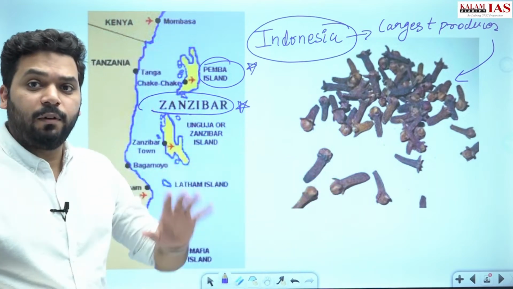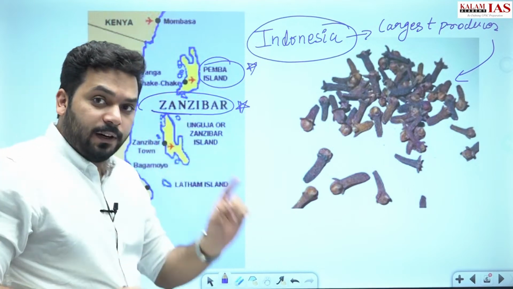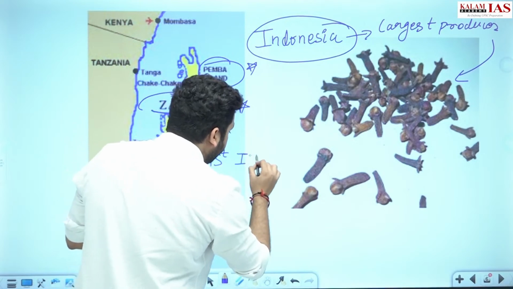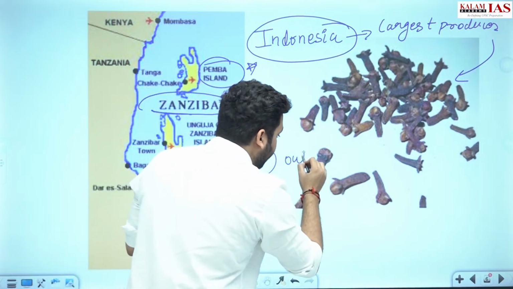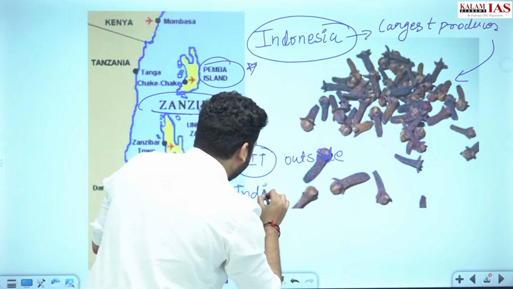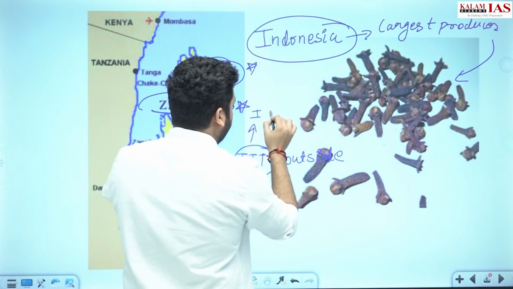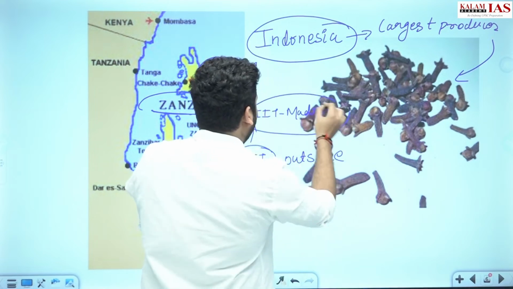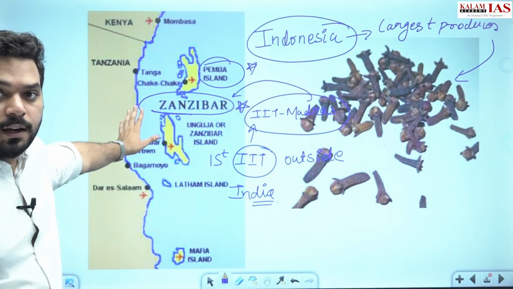One interesting fact which you should know, a political entry: the first IIT, Indian Institute of Technology, outside India, IIT Madras, was opened in Zanzibar, island of Tanzania.